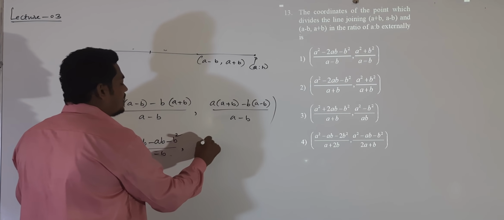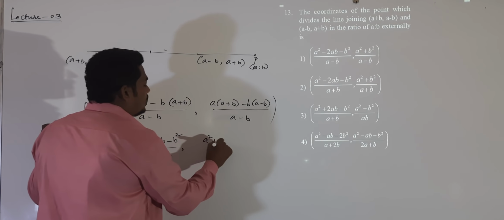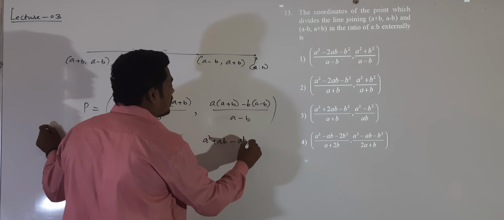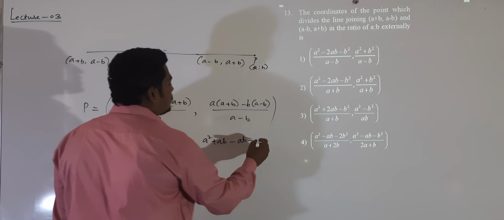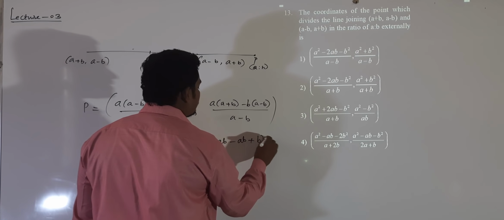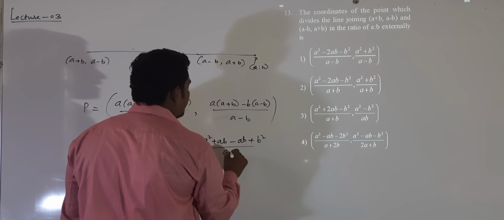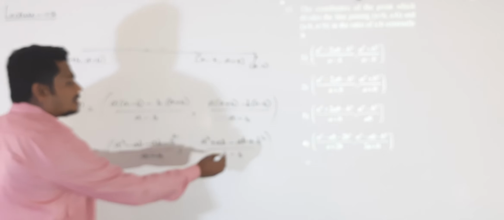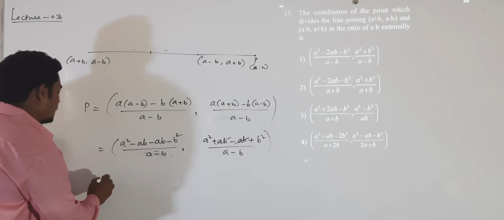Then usual multiplication, A square plus AB minus AB, minus into minus plus b square, whole thing divided by a minus b, right? Minus ab plus ab get cancelled.